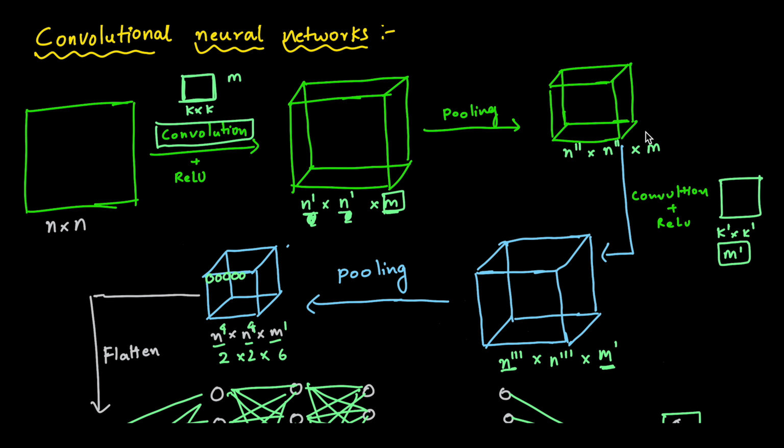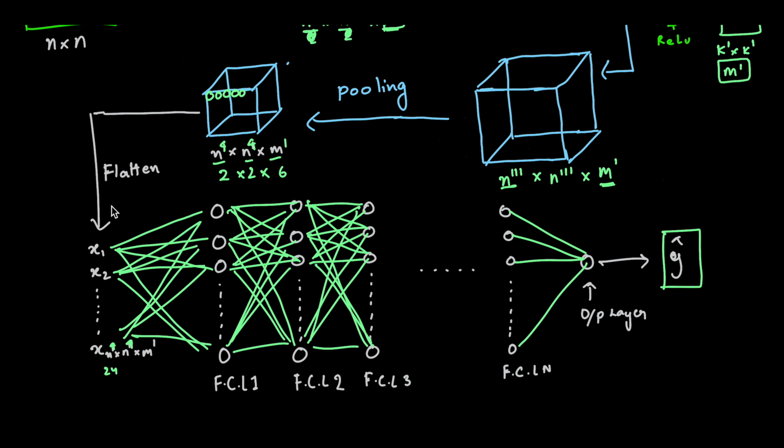Similarly, on this feature map, again we'll apply convolution and ReLU, which will extract even more complex features out of this particular feature map. And finally, once we feel that we did enough reduction and have extracted all the important features, then we can apply flatten, which is arranging the individual values like this.